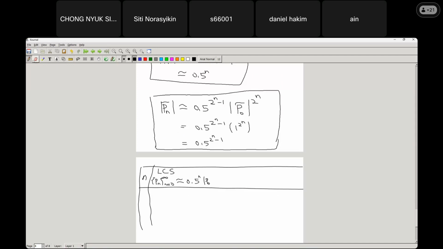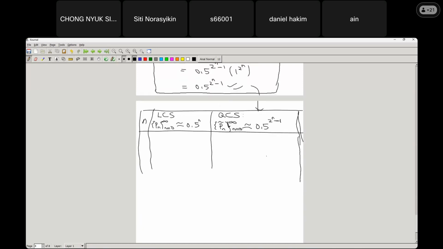The P0 I do not want to write, so this is equivalent to 0.5 power of n. And for the quadratic convergence scheme, we have the sequence of Pn tilde from n equal to 0 up to infinity, approximately 0.5 power of 2 power of n minus 1. This is the one that I mentioned.